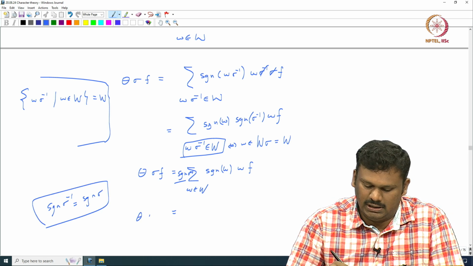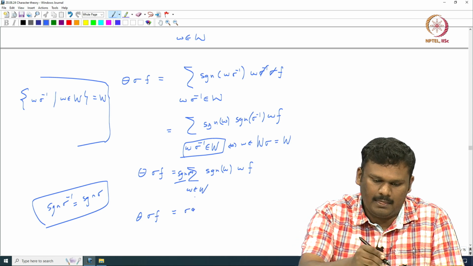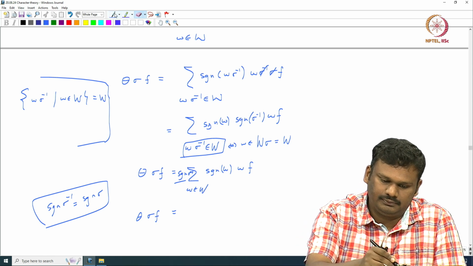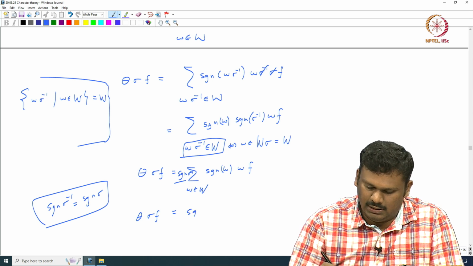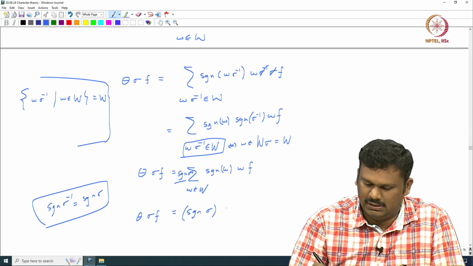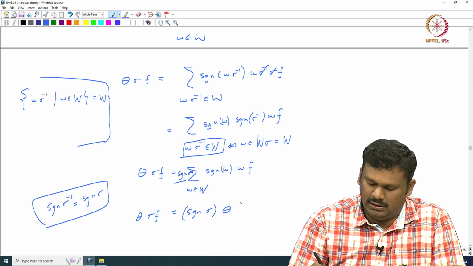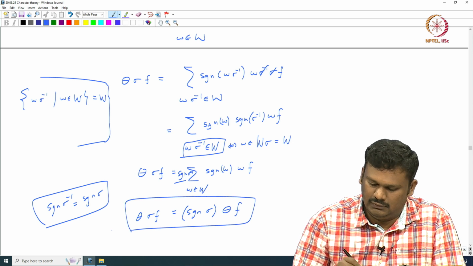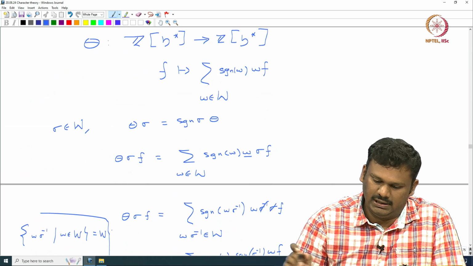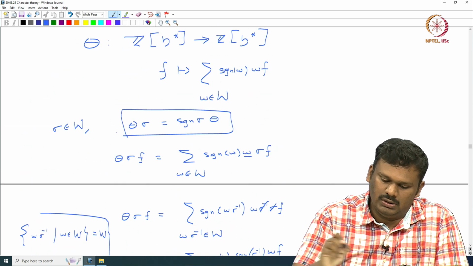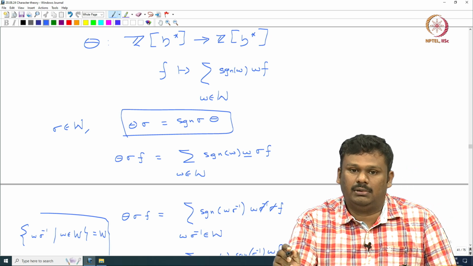So, then theta sigma f is nothing but sine sigma times this theta f. So, that is what we have written here. So, theta sigma is sine sigma times theta.